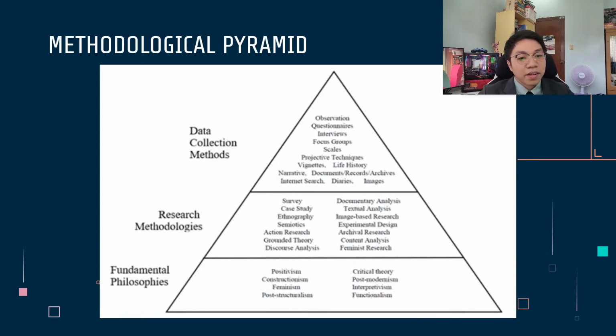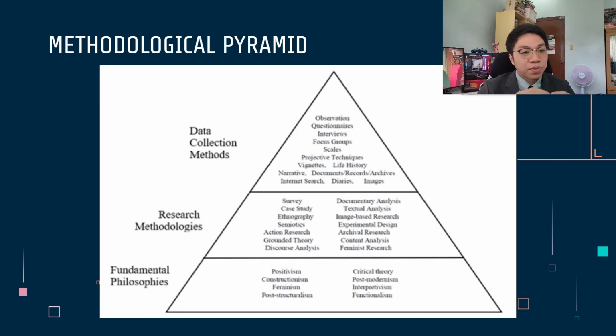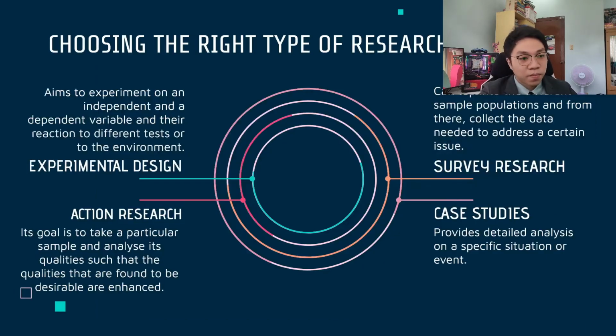Going back then, we would see the methodological pyramid, with the base being the fundamental philosophies, and in the middle would be the research methodologies, which again would be what the researcher would choose when creating the research. And finally, on the top are the different data collection methods that would support our research methodologies.